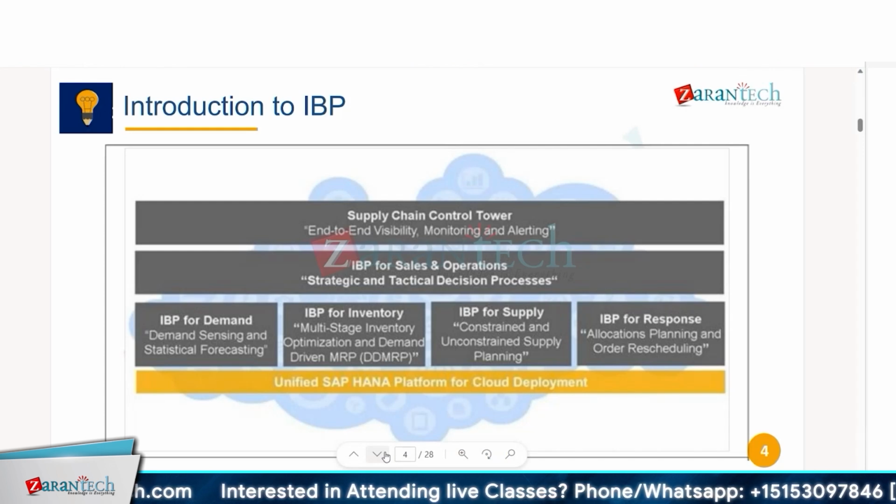Basically, you see the yellow line at the bottom. IBP works on the SAP HANA platform for cloud deployment. Does anyone know what SAP HANA is? What is the full form or abbreviation for HANA? Okay. HANA is basically high performance analytic appliance.